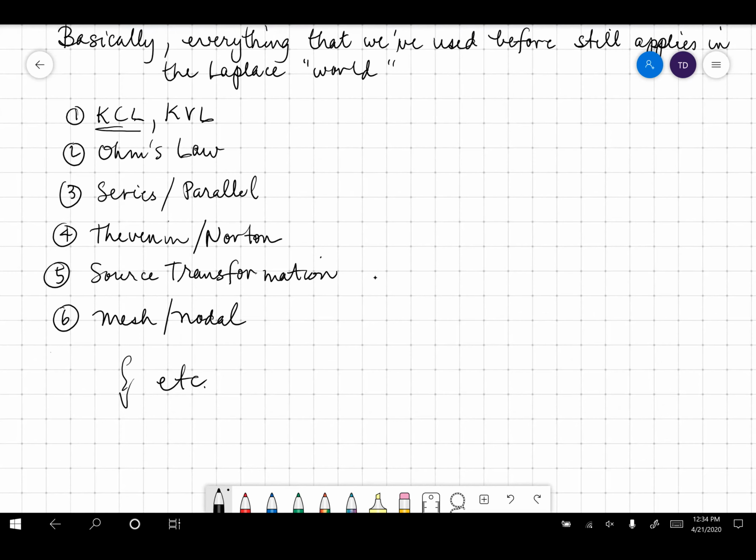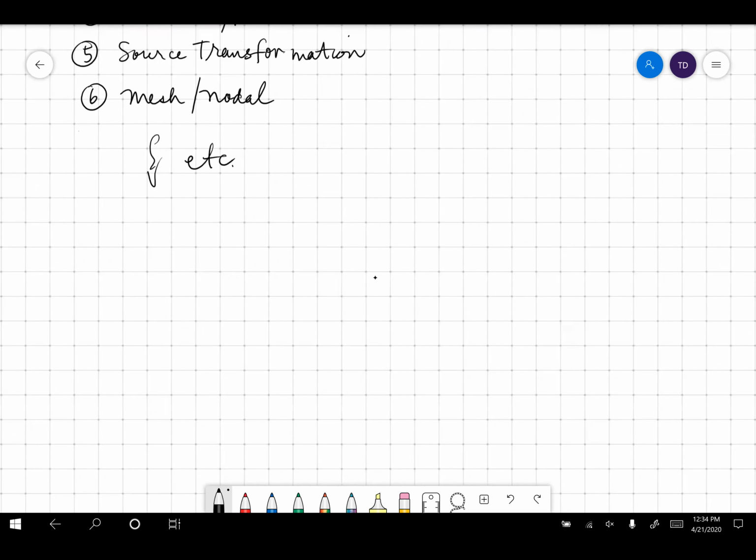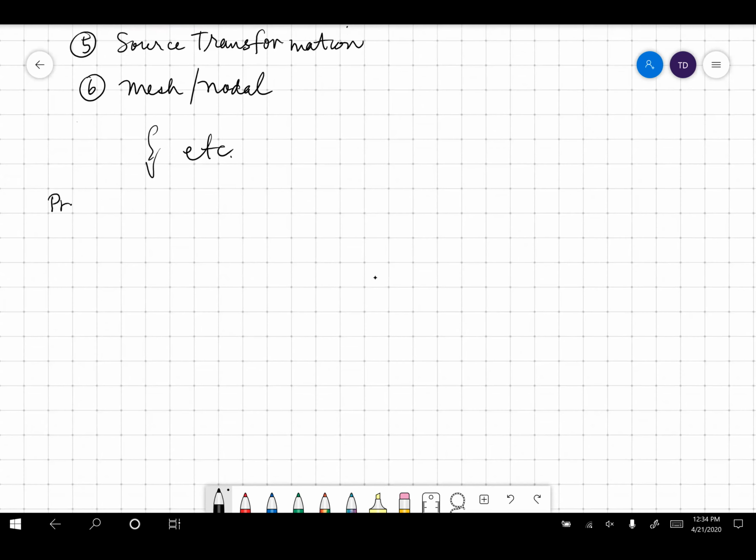I'm just going to prove KCL. Okay, in the time domain, we have the following. The sum of the i's are equal to 0. Let's call this K. The sum from K equals 1 to N, however many of them there are.